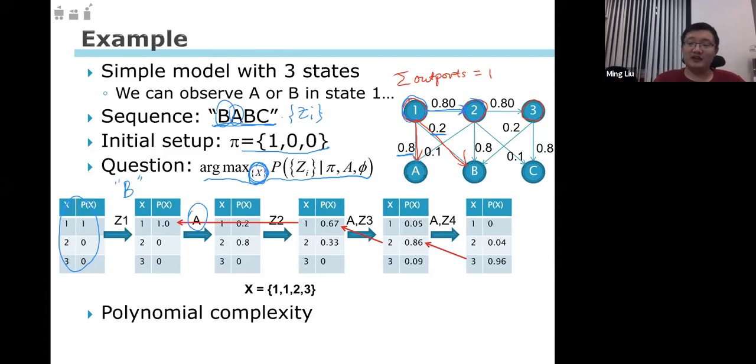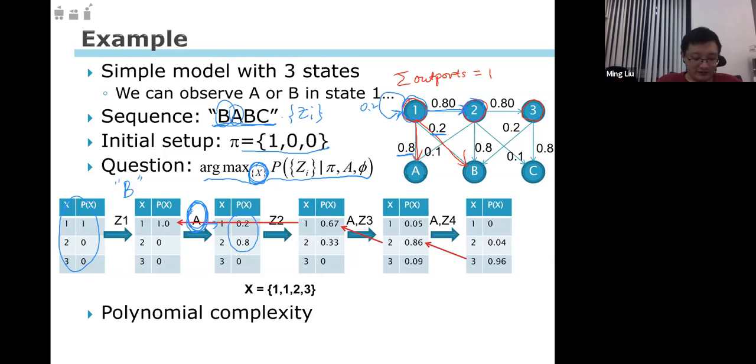Then the rest 20% of chance, I will be staying at state 1. After this A, the model will be updated to this case. This is easy, you just read that from the graph. 80% chance to go to 2, 20% I will stay in 1, and no chance to be on state 3.